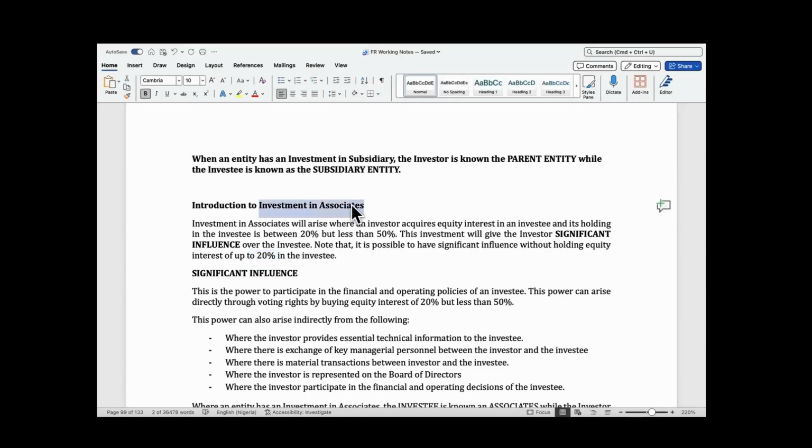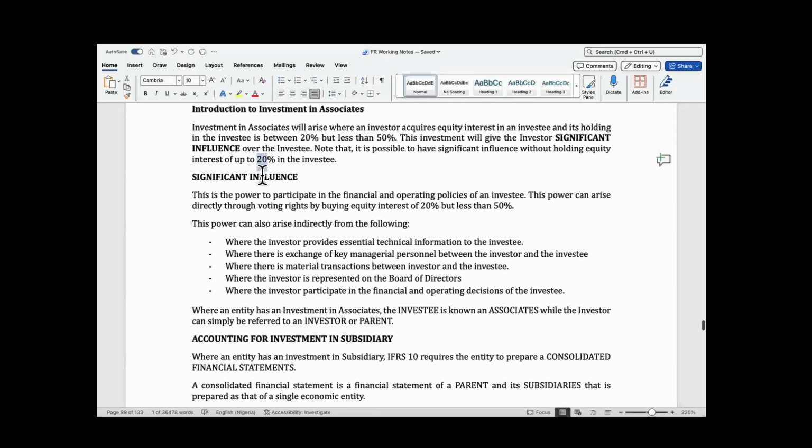So majorly, you can have investment in associates if your voting rights in the equity of the investee is 20% but less than 50%, and this holding gives you significant influence over the investee. You can also have it even if you don't have up to 20%.